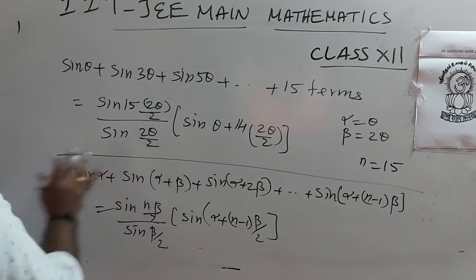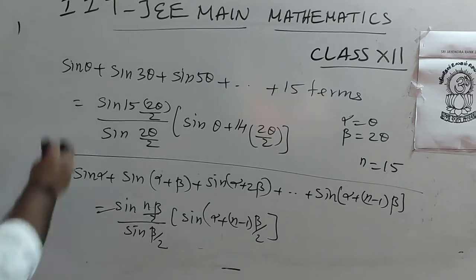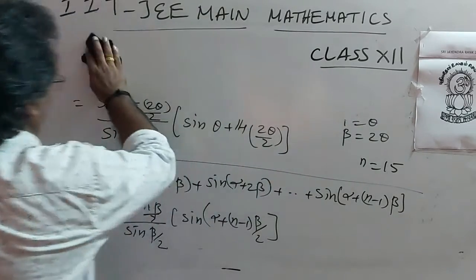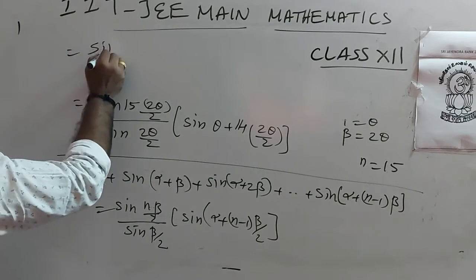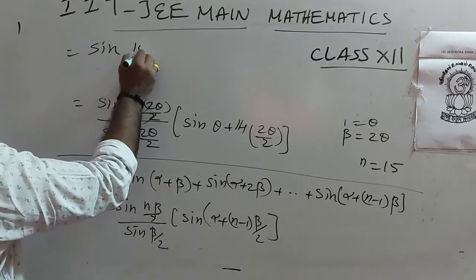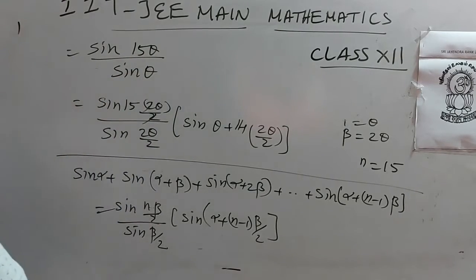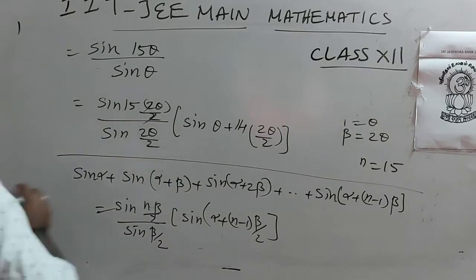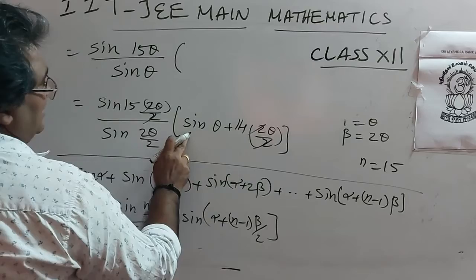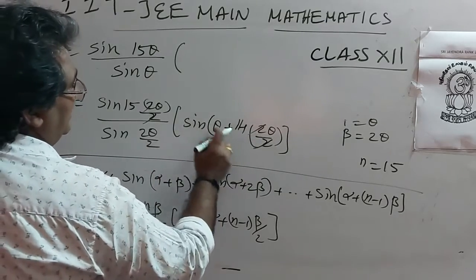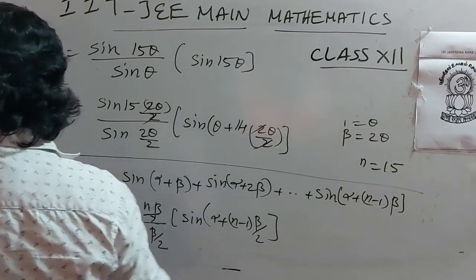We have to use this result. Equal to sin 15 theta divided by sin theta into sin (14 theta plus theta), that is sin 15 theta.